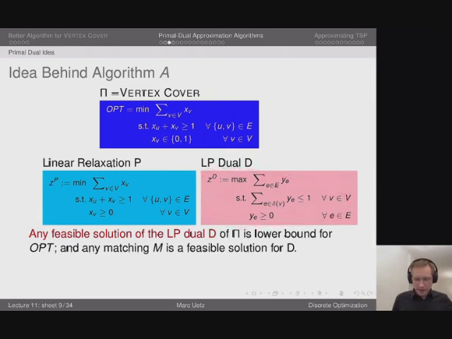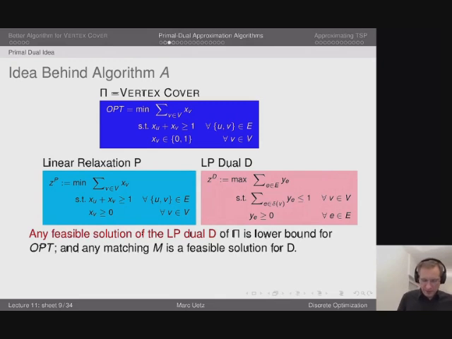And the fact that primal and dual have the same objective function value, that was Koenig's theorem saying that for bipartite graphs, the size of a minimal vertex cover, that would be an optimal solution here, is equal to the size of a maximal matching in this bipartite graph.